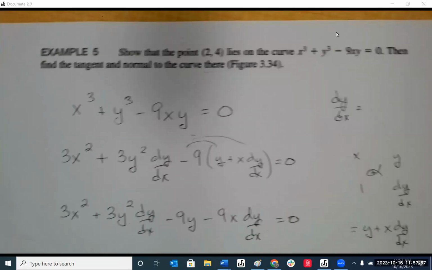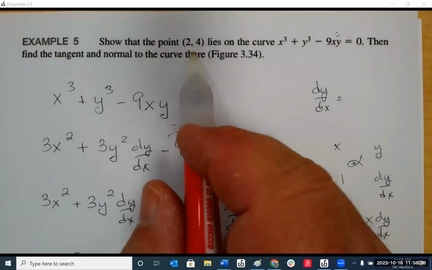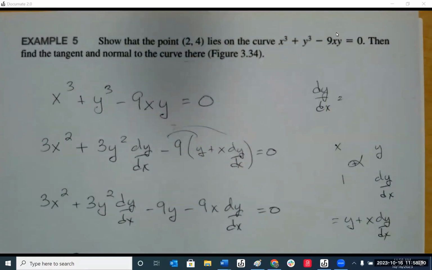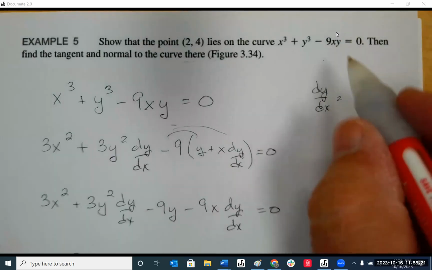Okay, remember, the question says show that the point 2,4 lies on the curve, then find the line tangent. Oh, we never did that. How do we show that this point's on this curve? Plug it in and see if it equals 0.